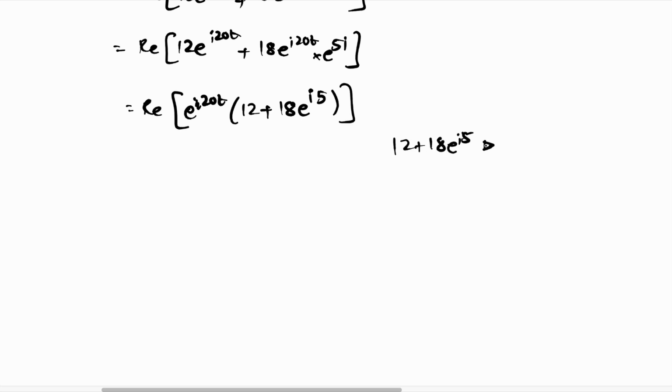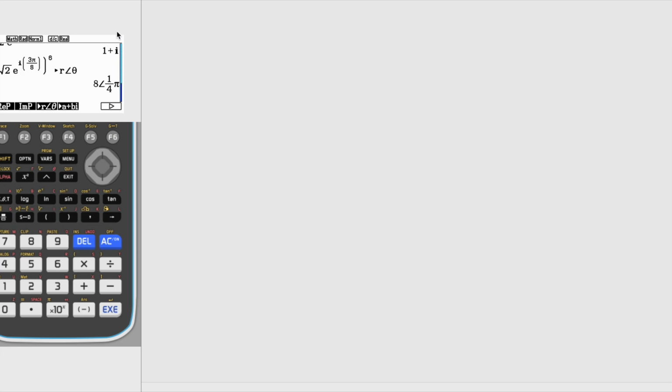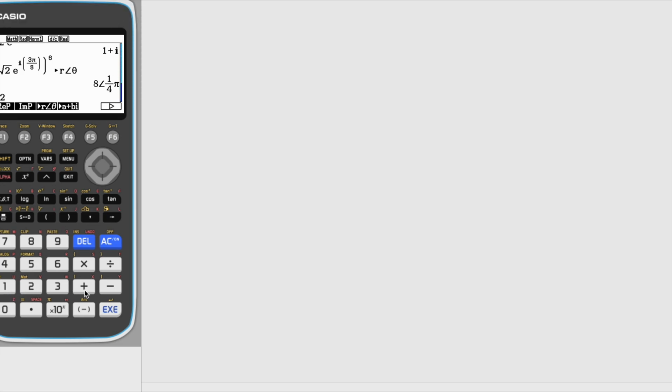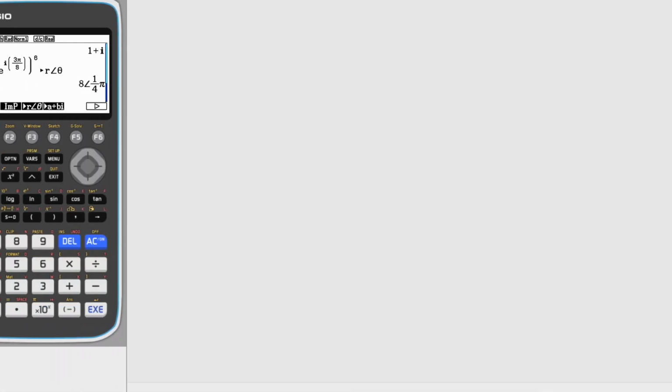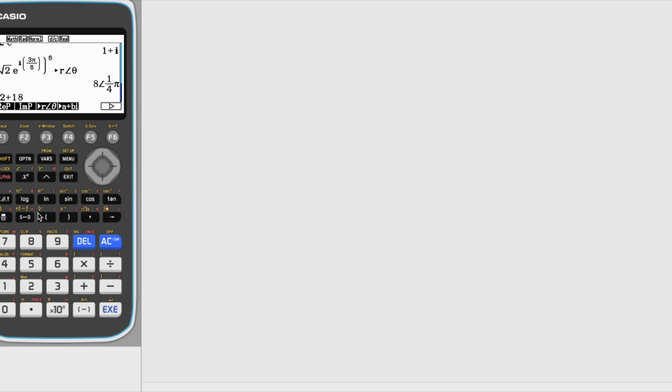And the addition I want in polar form. So this syntax is something which I'll have to consider. So this is 12 plus 18, and my calculator is in radians. Okay, shift, e raised to i 5. What's this?